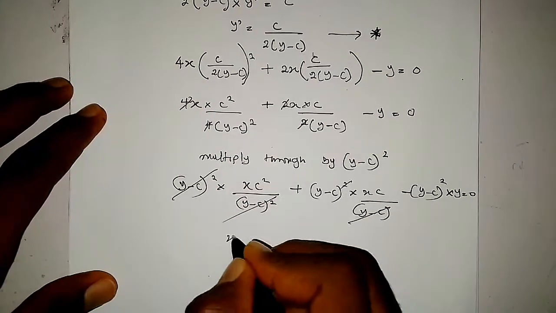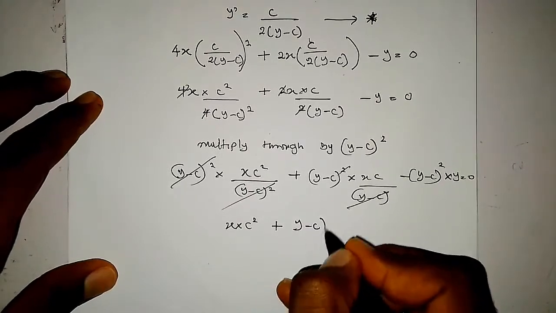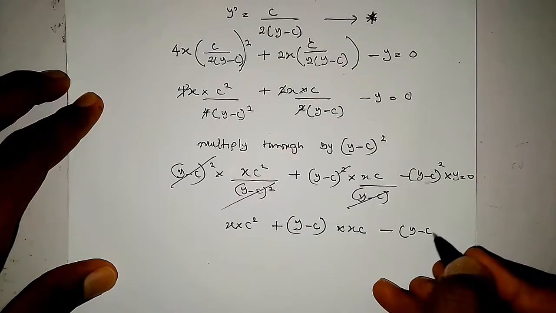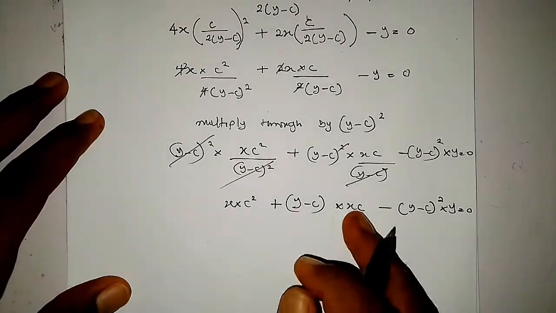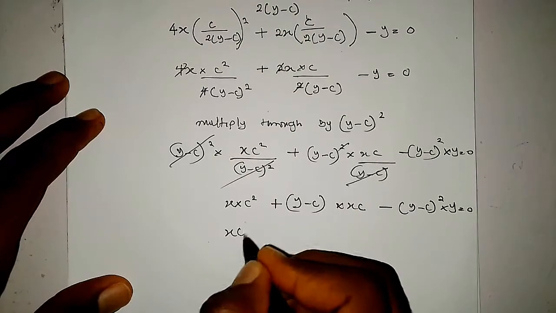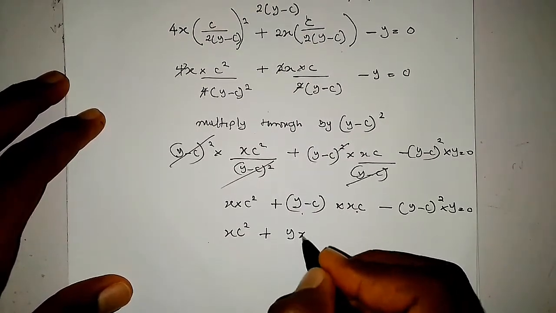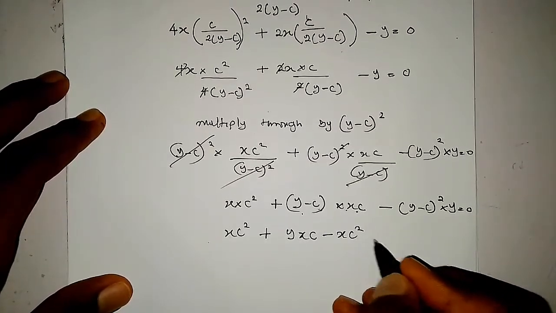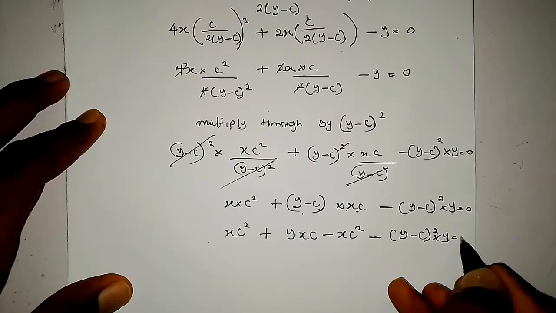Then we are left with xc² plus (y − c) times xc minus (y − c)² times y equals 0. Evaluating this, we have xc² plus xcy minus xc² minus (y − c)² times y equals 0.